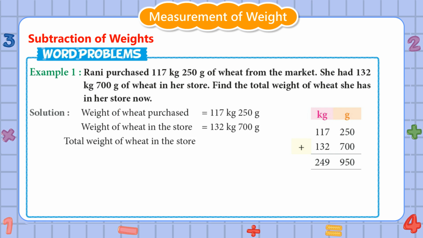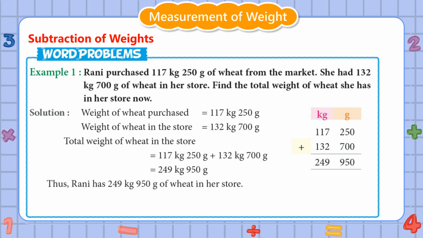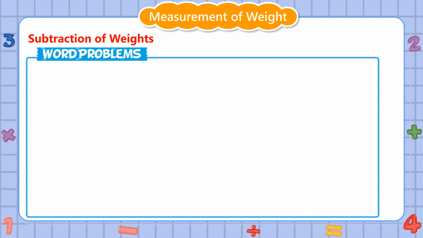Total weight of wheat in the store is equal to 117 kilograms, 250 grams plus 132 kilograms, 700 grams. It is equal to 249 kilograms, 950 grams. Thus, Rani has 249 kilograms, 950 grams of wheat in her store.